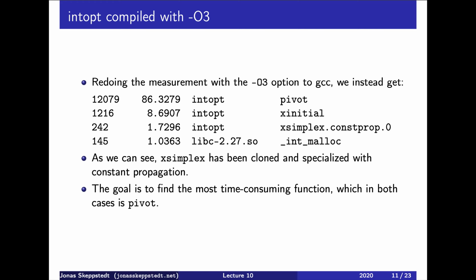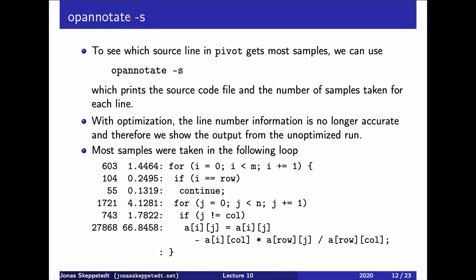But for this tool, op annotate and -s, the S is for source code, the A can be used for assembler code. Then it's easier if we don't optimize the code. I mean, if we don't use GCC with optimization.